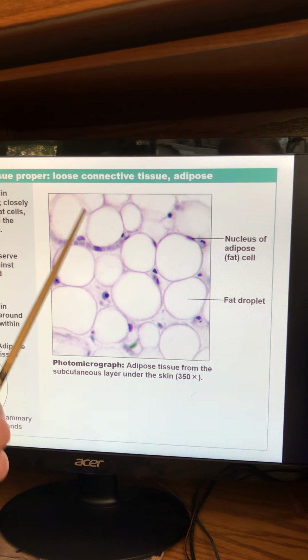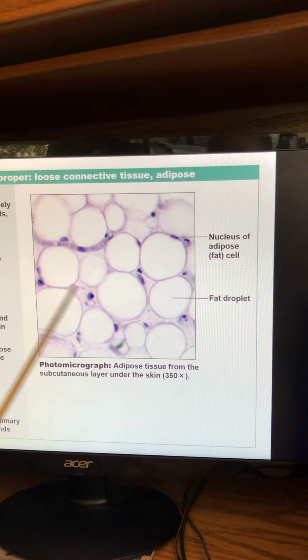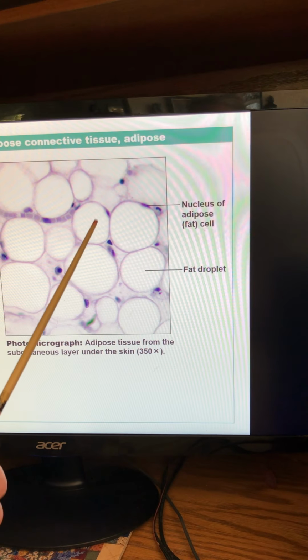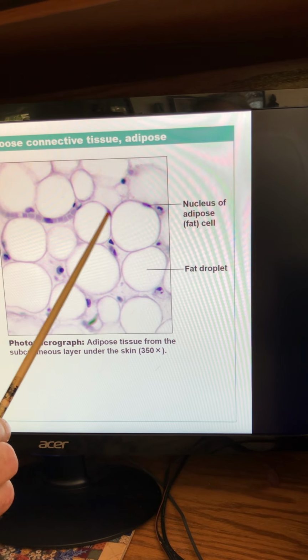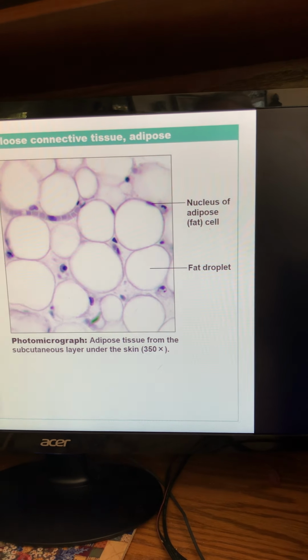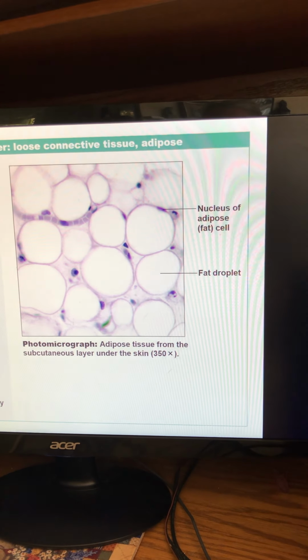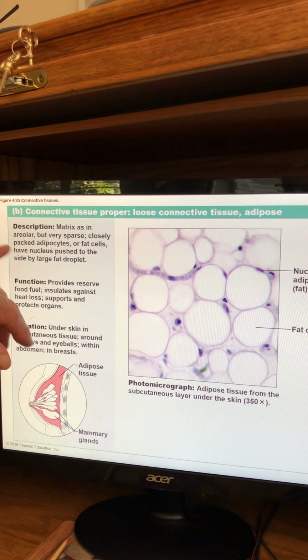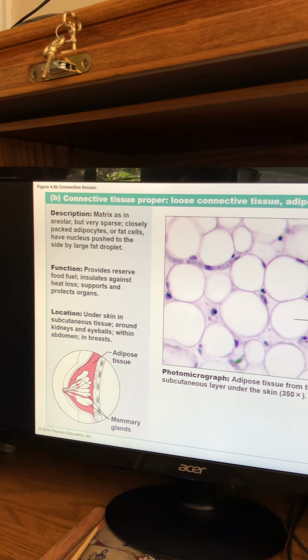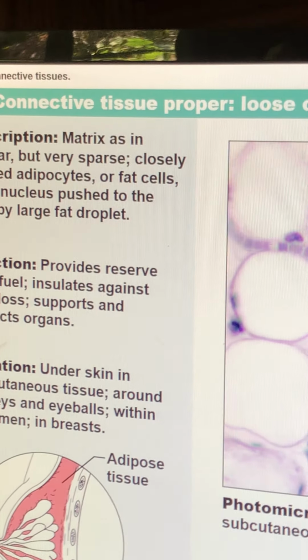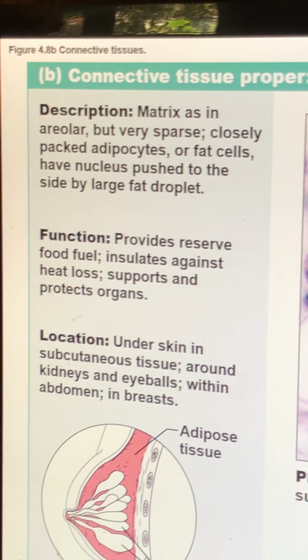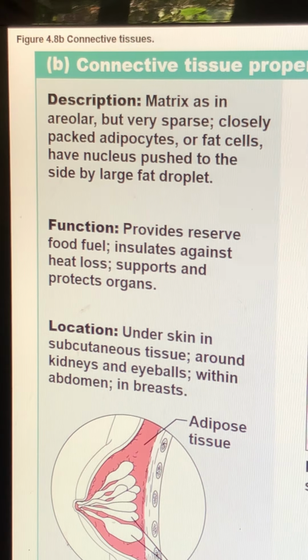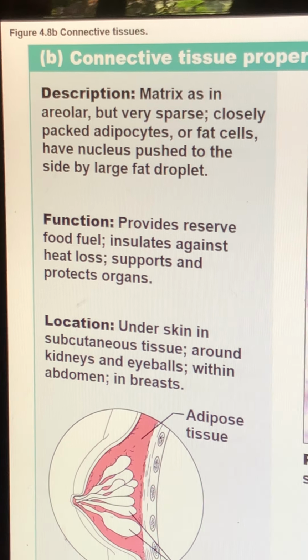So this is all adipose tissue in here, and you can kind of see the nucleus, there's so much fat in here, the nucleus is jammed over to the edge. As it says, the matrix, as in areolar, is very loose, but very sparse. Closely packed adipocytes are fat cells that have a nucleus that's pushed over to the side.